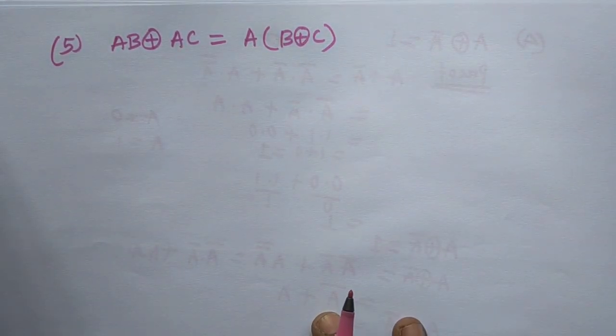AB XOR with AC is equal to A times B XOR with C. We have to prove it.